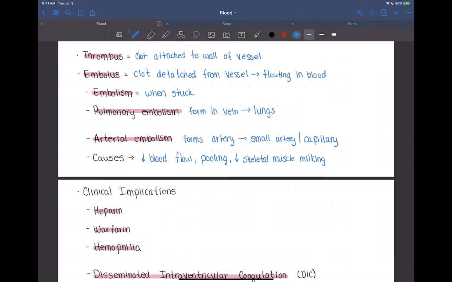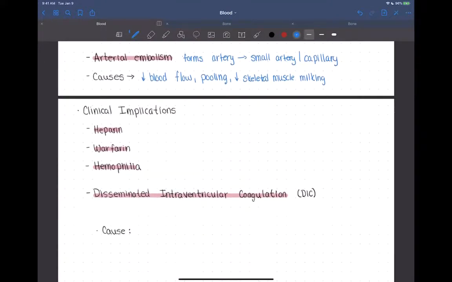All right, so our last topic is some clinical implications of these things we've been talking about. Some medications you've probably heard of are heparin and warfarin, and I'm just going to mention them so now you'll actually understand how these work.